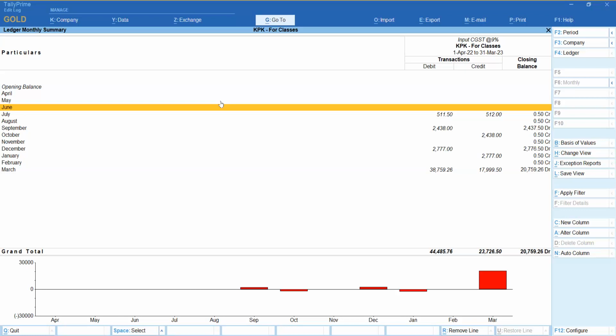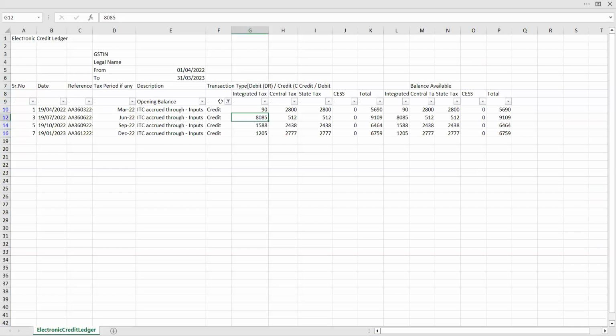See, if I am claiming 512 and 8085 as my input credit for the month of June in the return on 19th July, we file 3B of June, right? That is where we claim input credit.